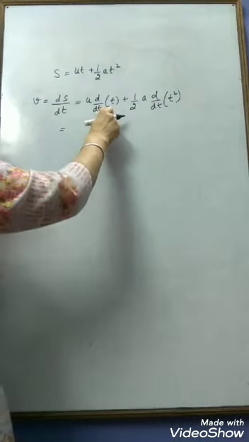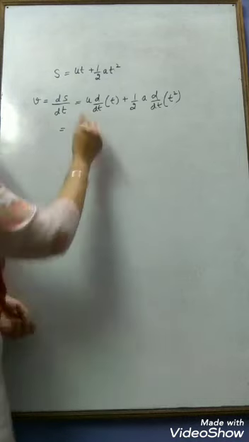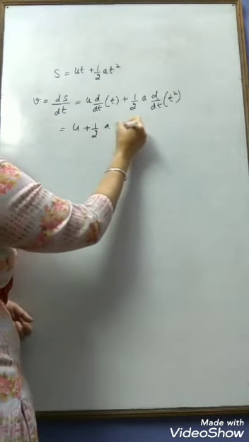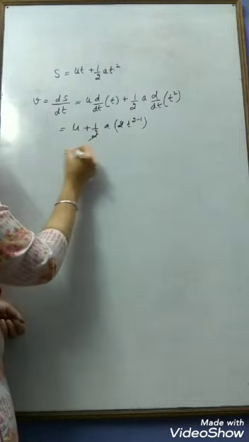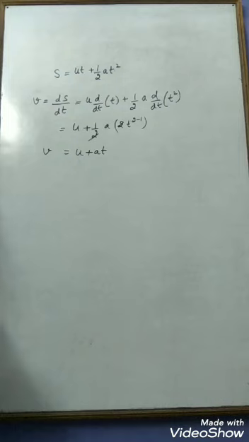This is again 1, because the derivative of x is 1, the derivative of t with respect to t is also 1, u plus half a 2t^(2-1). So this 2 cancels, u plus at, and this becomes the velocity.